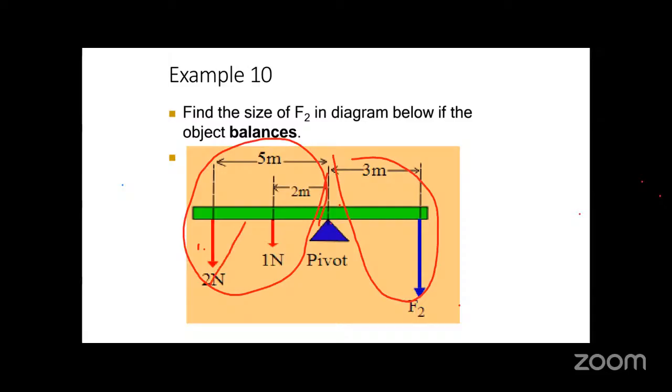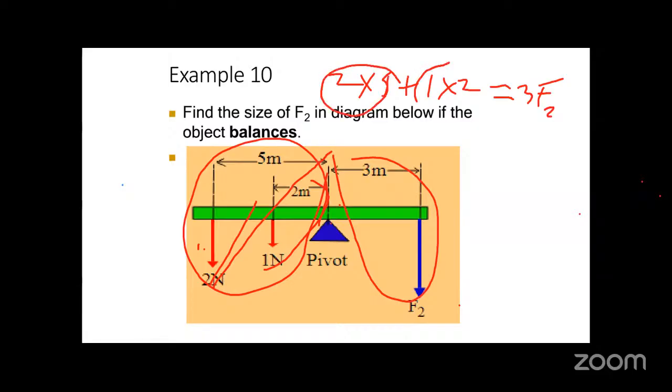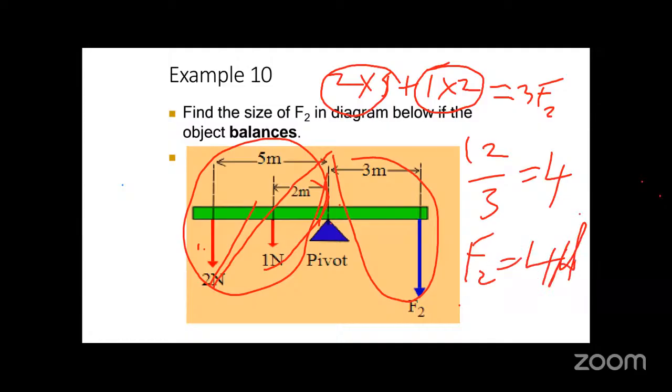So here we have 2 times 5 plus 1 times 2 is equal to 3 times F2. So 2 times 5 is 10. 1 times 2 is 2. That would be 12 divided by 3 is equal to 4. So F2 is equal to 4 Newton. So that is our answer.